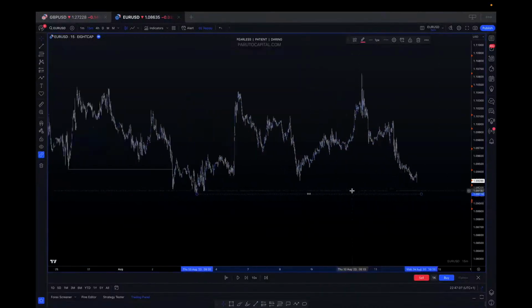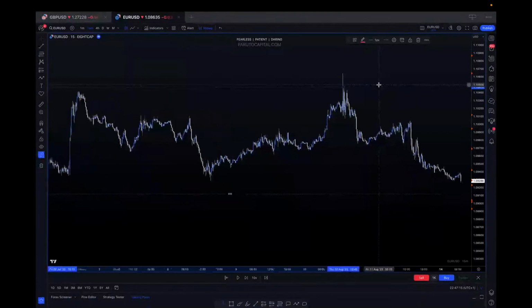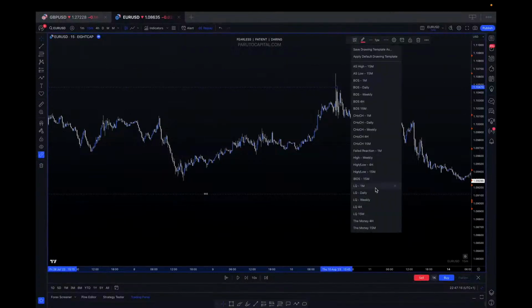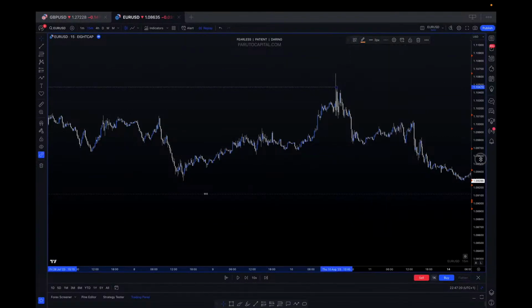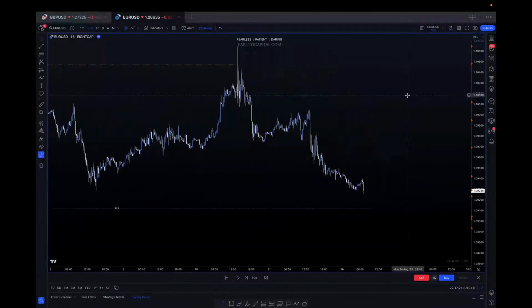We can also see this high that wasn't taken out. Price failed to close above it, so that's a sweep of liquidity on the 15 minutes. We have that clearly in place.